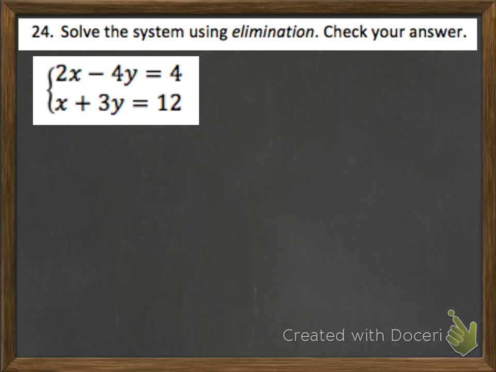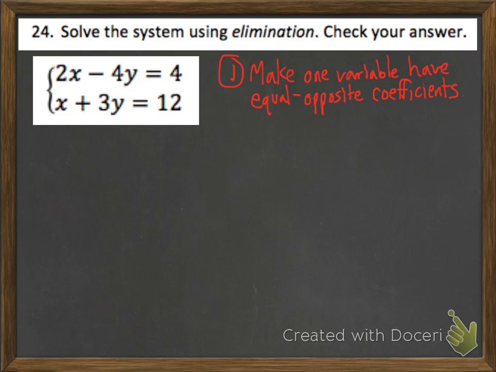The second part of problem 24 wants us to solve the system 2x minus 4y equals 4 and x plus 3y equals 12. This is just a little bit harder than the first part of problem 24. Remember that our first step is to make one variable have equal opposite coefficients. Well, in this case, I can choose to do the x's or choose to do the y's, but neither one of them are done for us already.